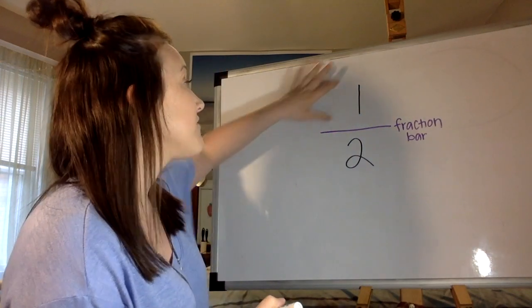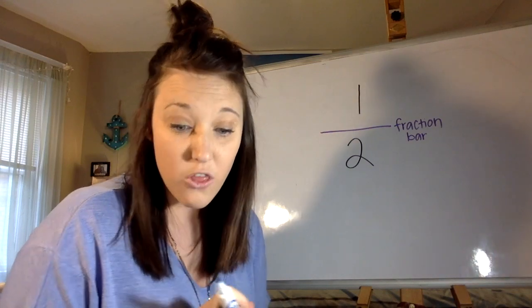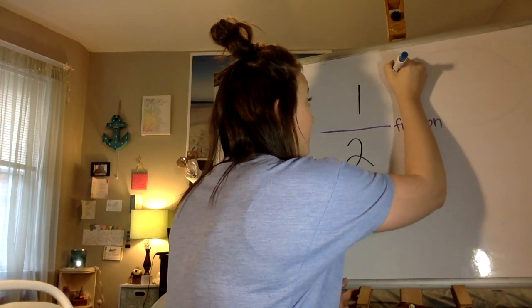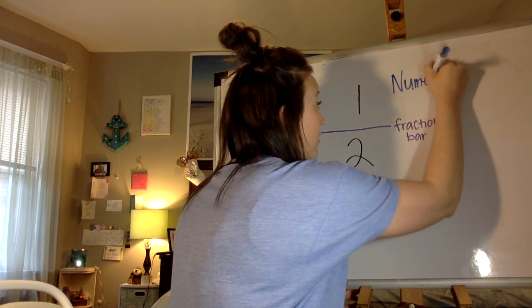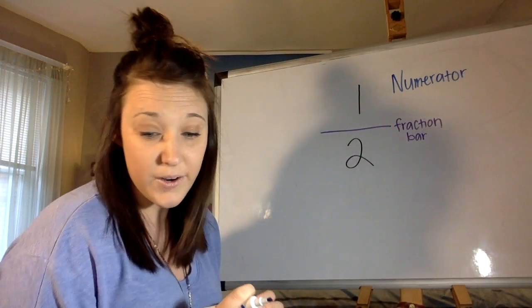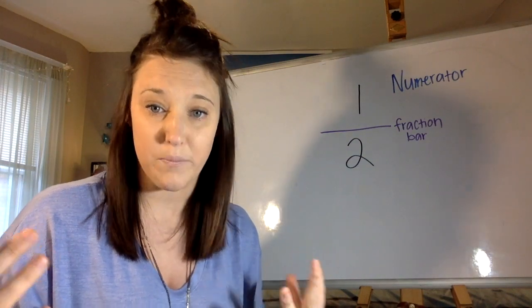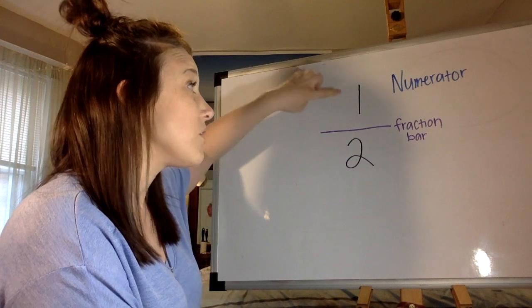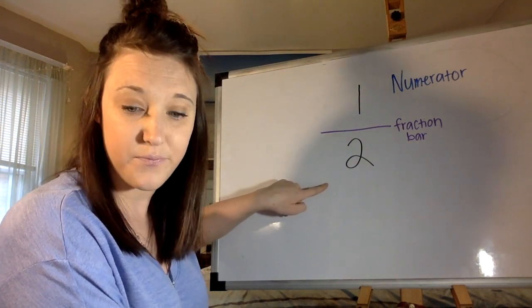Up here, I've got my 1, and my 1 has its own meaning too. The 1 is called the numerator. The numerator tells how many equal parts are being counted. So in this fraction, I am counting 1 equal part of the 2 that are there.